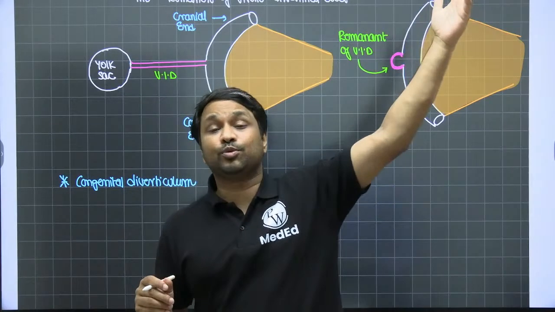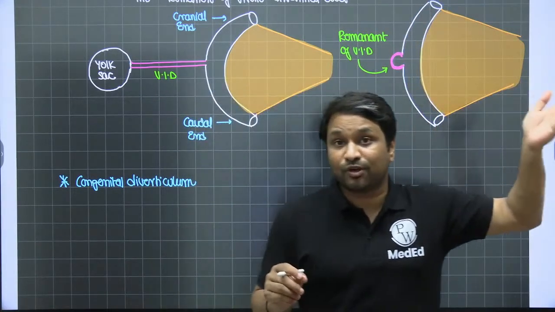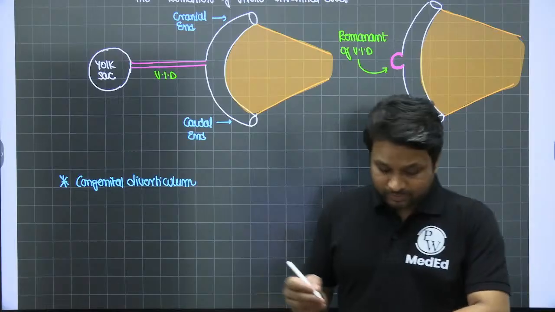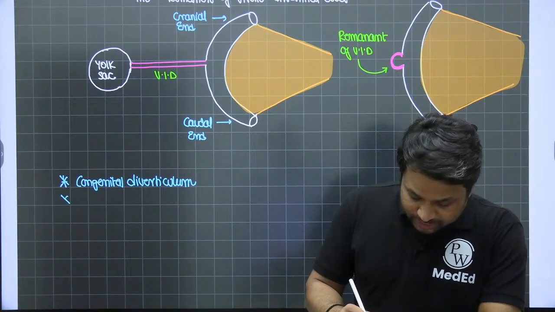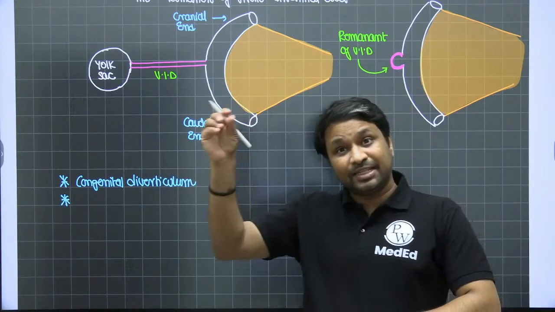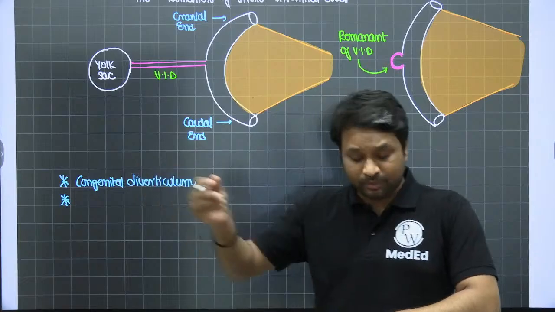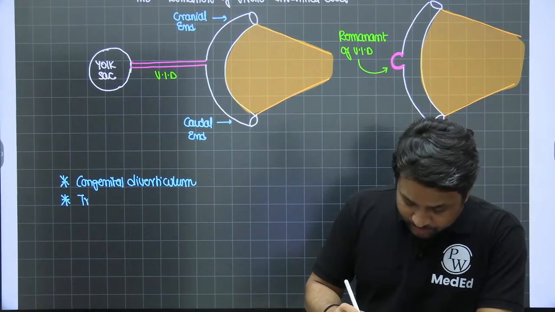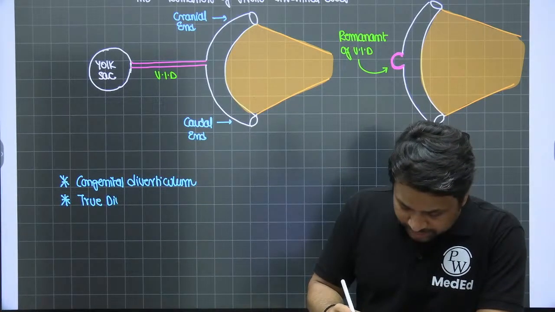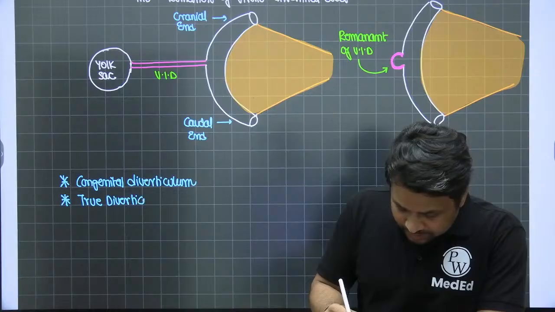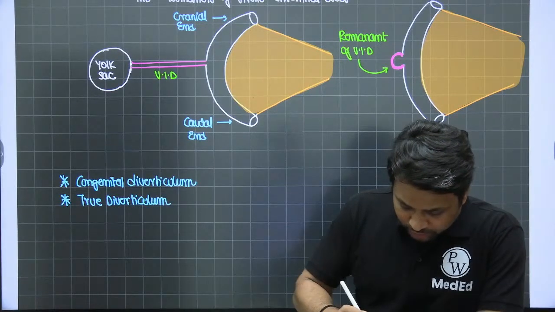For example, we spoke about the Zenker's diverticulum of the esophagus, which was a false diverticulum, right? Here, the entire thickness of the bowel wall is present in the diverticulum itself. So this is an example of a true diverticulum.